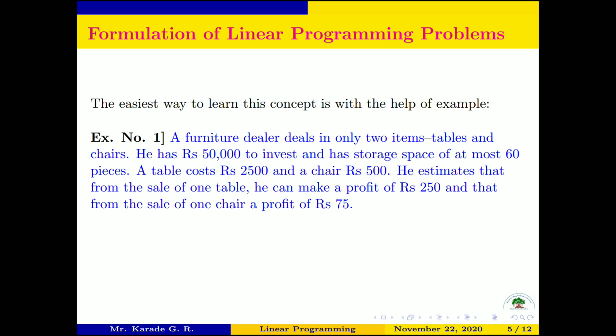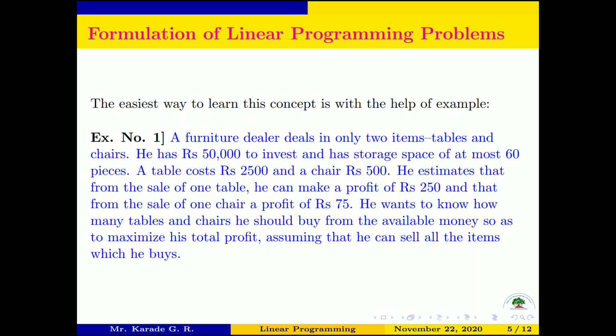He estimates that from the sale of one table he can make a profit of rupees 250, and that from the sale of one chair a profit of rupees 75. He wants to know how many tables and chairs he should buy from the available money so as to maximize his total profit, assuming that he can sell all the items which he buys.